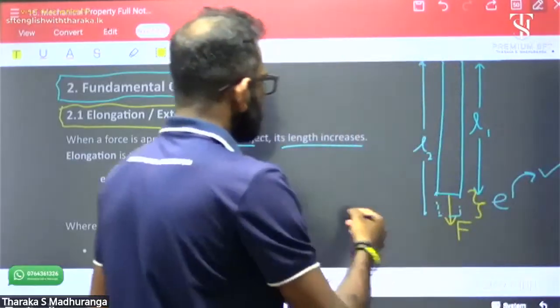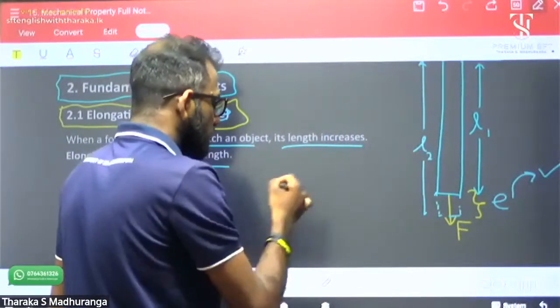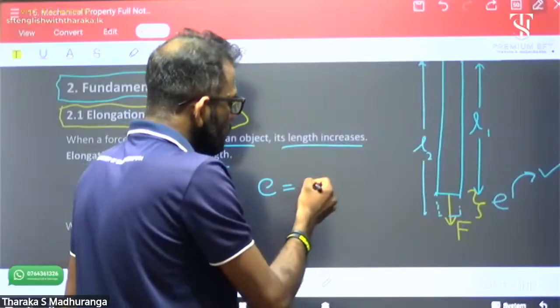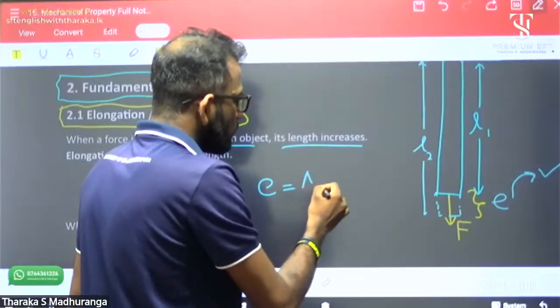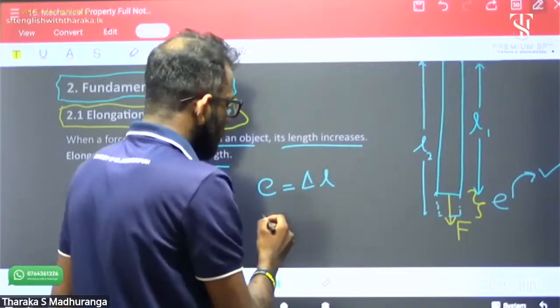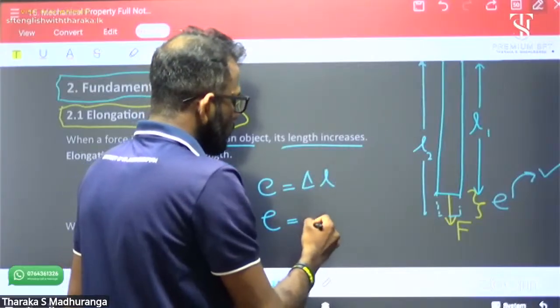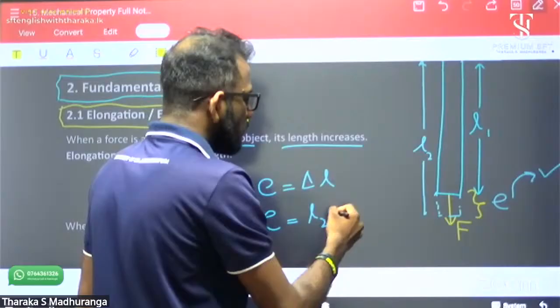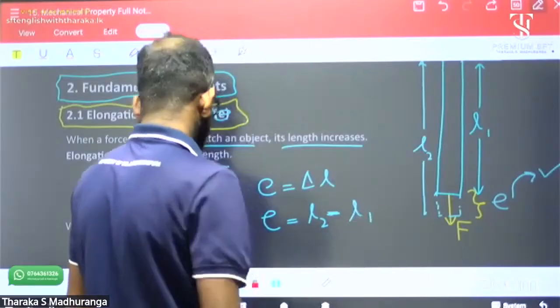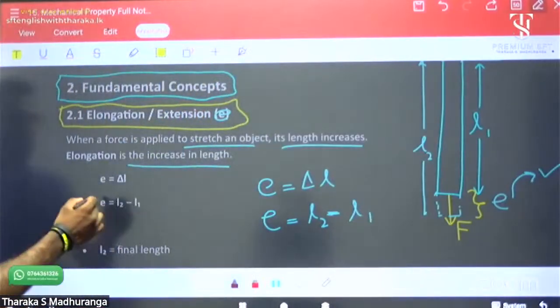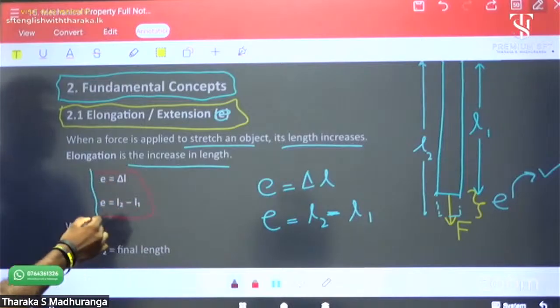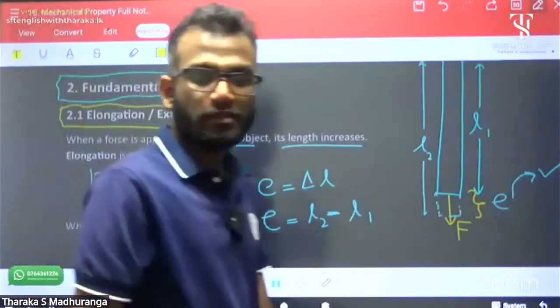Okay, how to get this extension? e equals delta L, the length difference. The length difference equals L2 minus L1: final length minus initial length. Okay, that's the story.